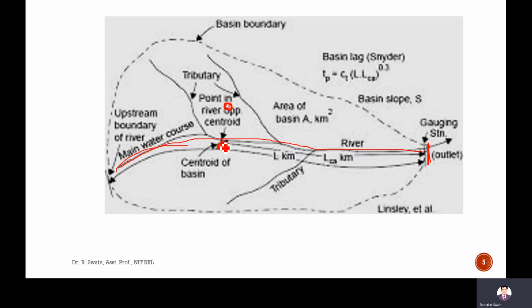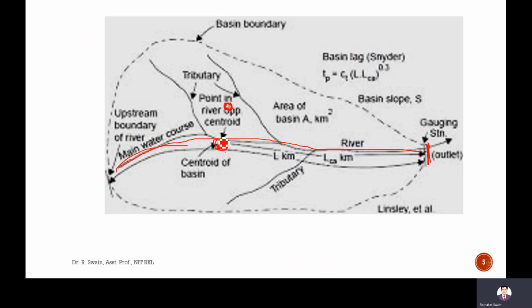So from this point to this gauging station, along the alignment of the river, that length is taken as LCA.